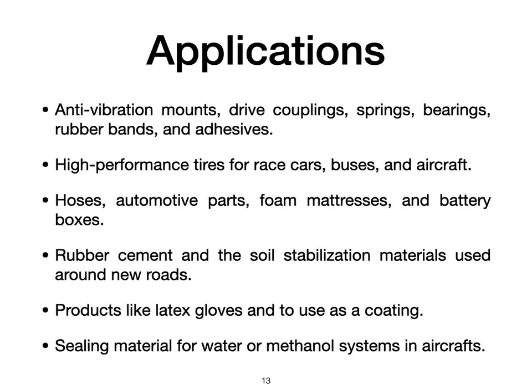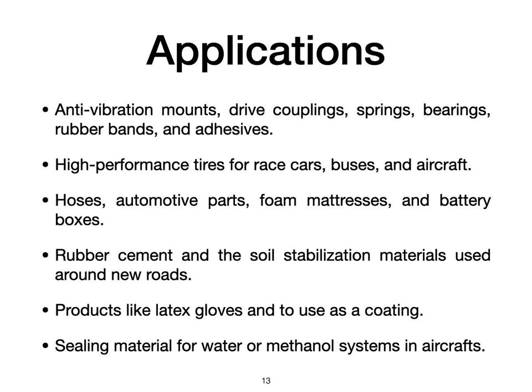But the majority, 50% of natural rubber, is used in high performance tires for race cars, buses, and aircraft because of its high strength and heat resistance. It's also used in hoses, automotive parts, foam mattresses, and battery boxes.